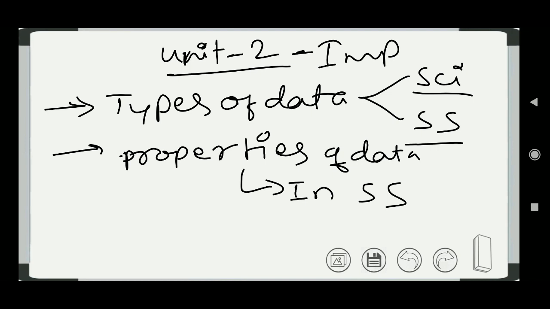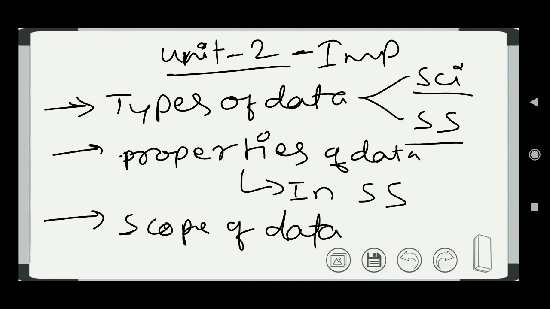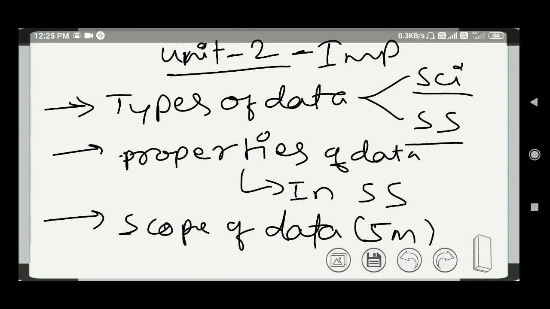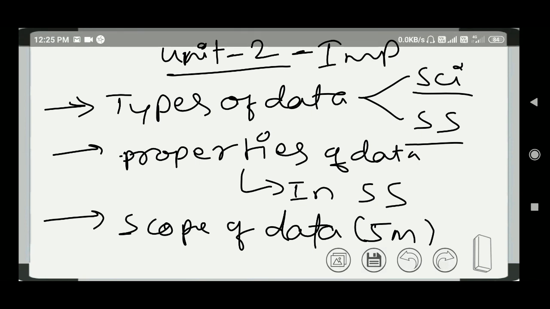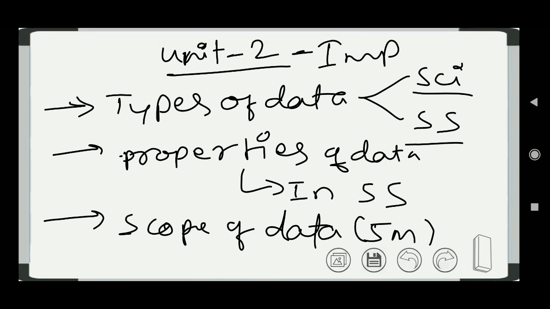Next, scope of data for 5 marks. The question may come anywhere in this chapter, so there is no particular topic. All the concepts are important in this chapter, so be prepared.